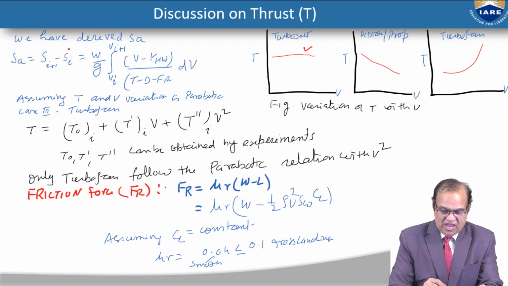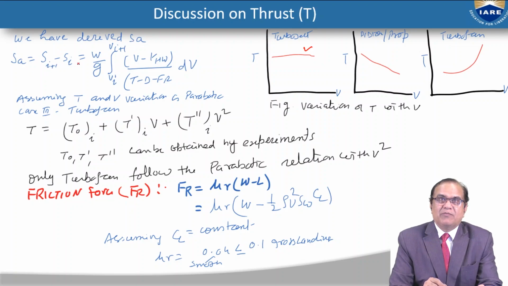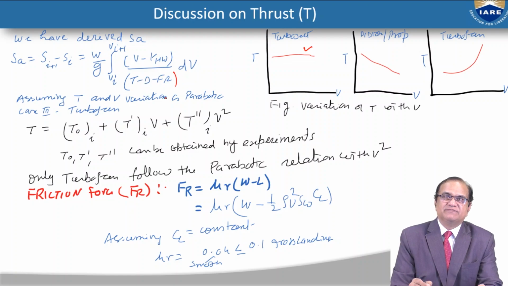So we have derived that SA is equal to S(i+1) minus S(i), equal to W by g, integral from V(i) to V(i+1) of V minus VHW divided by T minus D minus FR dV.